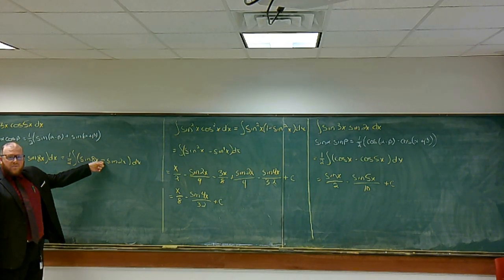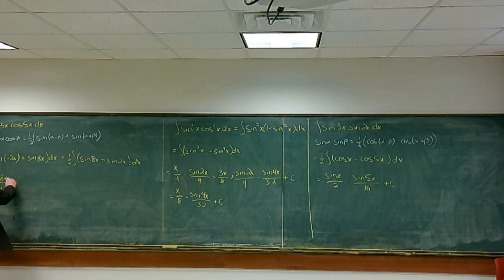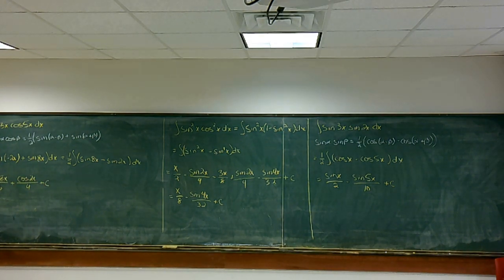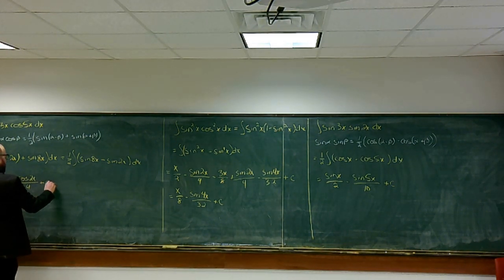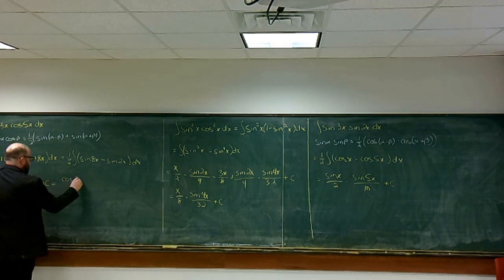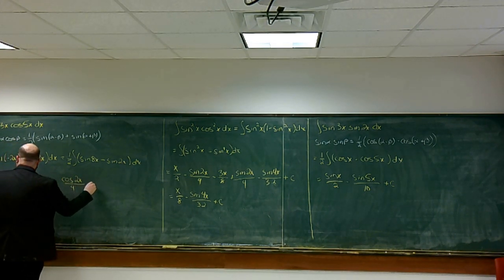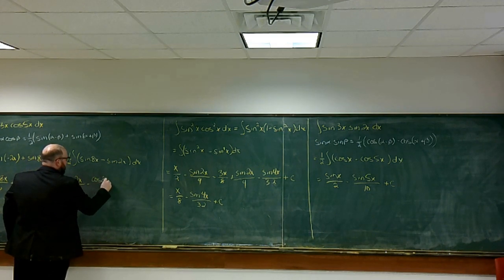Sine is going to go to minus cosine. Yeah, so that's why I'm asking, incorporating that minus to make it plus? Yeah. Then yes. And then, of course, times a half. There's your antiderivative. Just as personal preference, I don't like negatives out front. So I would write it this way, but it doesn't matter.